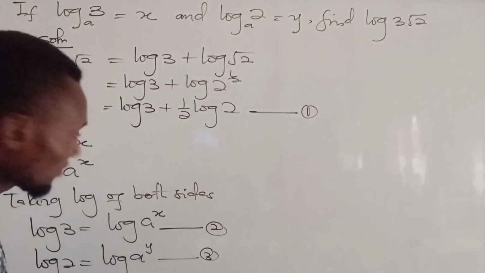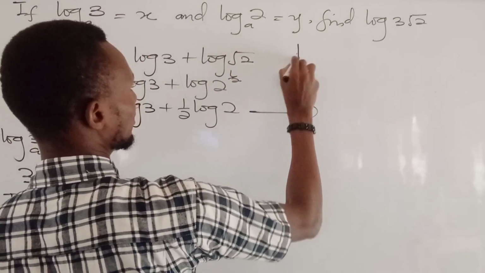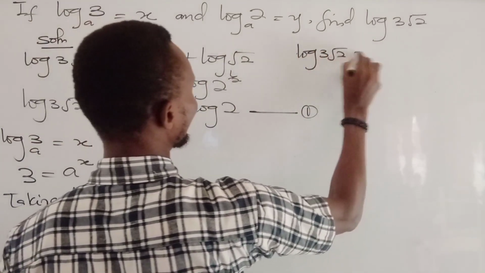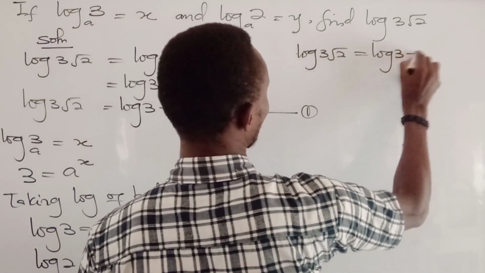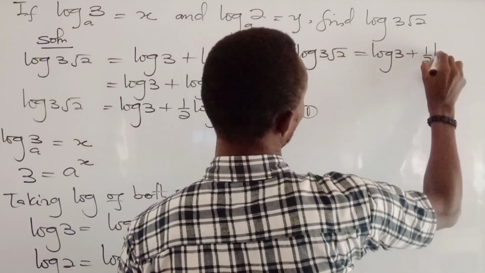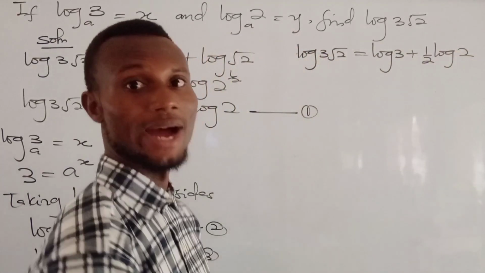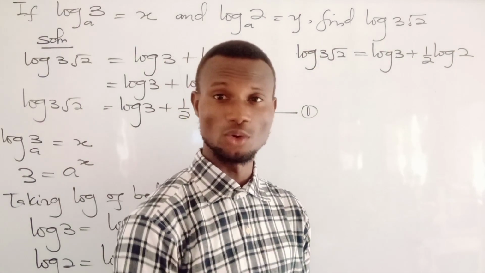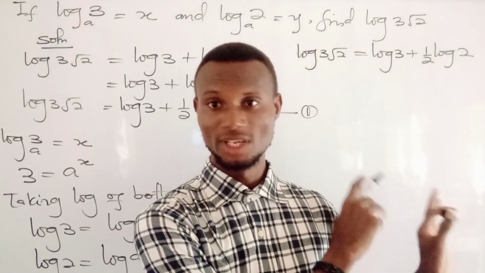Okay, so now equation 1, we have that log 3 root 2 equals log 3 plus half log 2. That's our equation 1. Now we know the value for log 2 and the value for log 3, and we are going to substitute them into the equation.